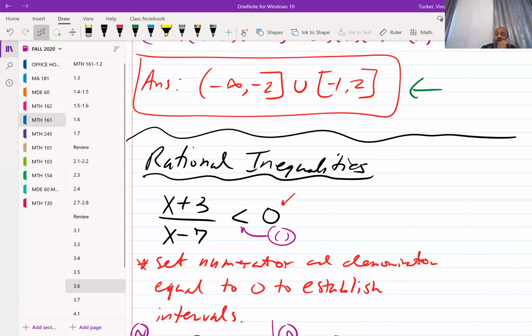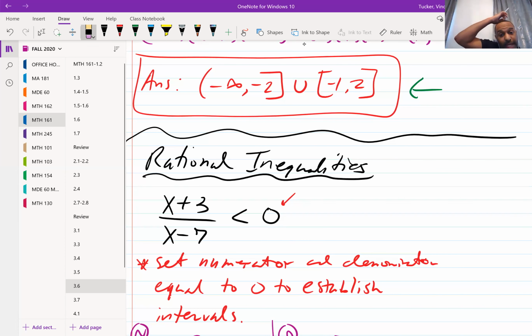All right, rational inequalities. Pretty much going to be the same process. So this is our original expression, x plus 3 over x minus 7, and we want to know when is it less than 0. All right.